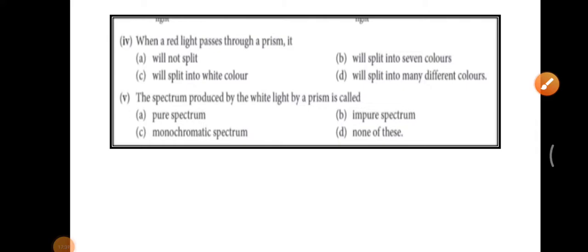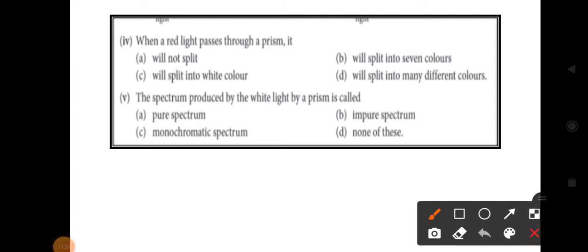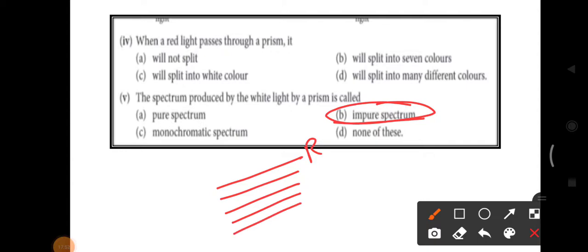The spectrum produced by white light through a prism is called an impure spectrum. What is the difference between a pure spectrum and an impure spectrum? When we get the spectrum of colors sharply on the screen, that spectrum is called a pure spectrum.